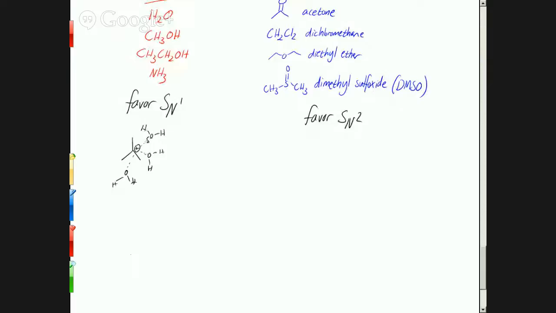At the same time, we can take a nucleophile and stabilize it. So if we have a really good nucleophile like iodide, and we put that in a protic solvent like water, we're going to have the same effect, but that actually hurts our reaction. Because now the iodine is happily surrounded by water molecules and doesn't really want to go attack anything.